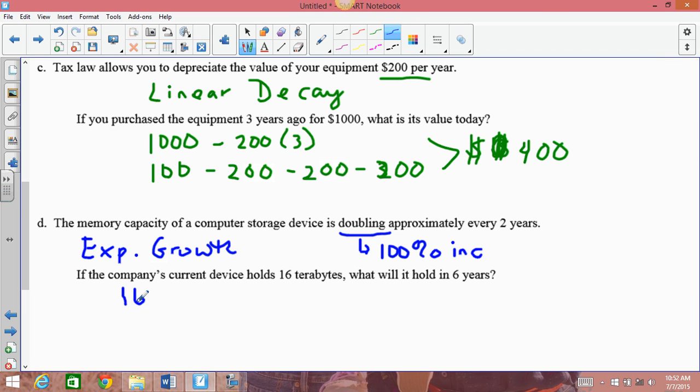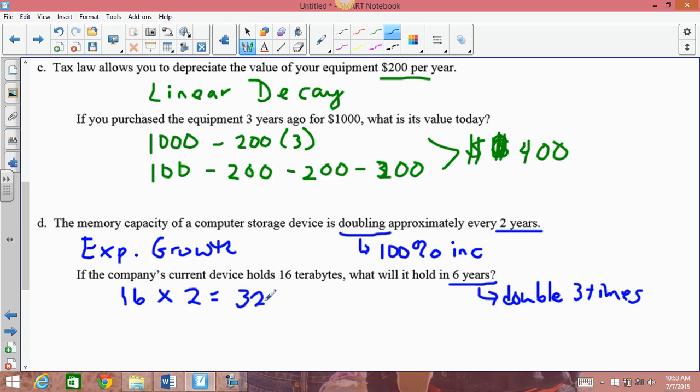I can use my formula, but since it's doubling, working through it, I can say, well, it's doubling every 2 years, so we have to be careful about that. Doubling every 2 years, so in 6 years, it's only going to get to double 3 times. So we double 1 time, and we have 32 terabytes.